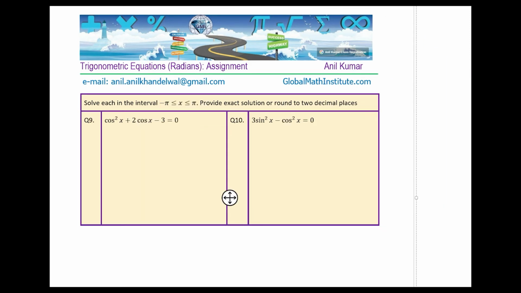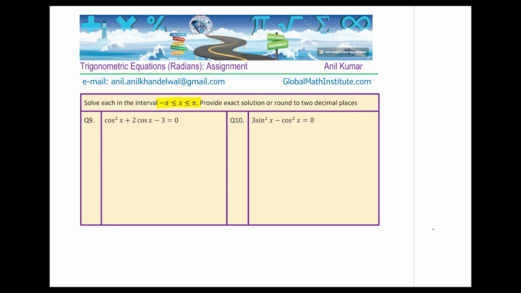So let's move on and take up the next question, question number 9 and 10. Again, remember, we have to find the solution within minus pi to plus pi. So we this time have a quadratic equation in cosine. Cos square x plus 2 cos x minus 3 equals to 0. So factor this equation. Product of 3, sum of plus 2.